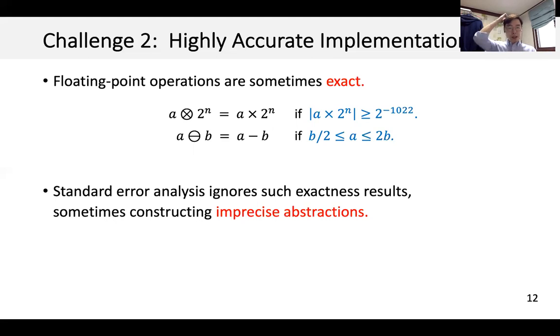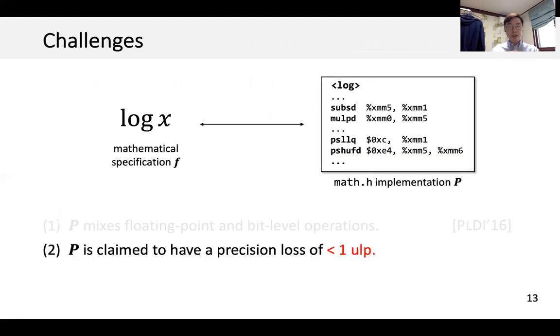But standard error analysis usually ignores such exactness results, thereby sometimes constructing imprecise abstractions of floating point computation. This is the main reason why we obtained such loose error bounds in some cases. So this brings the second challenge that I mentioned earlier.